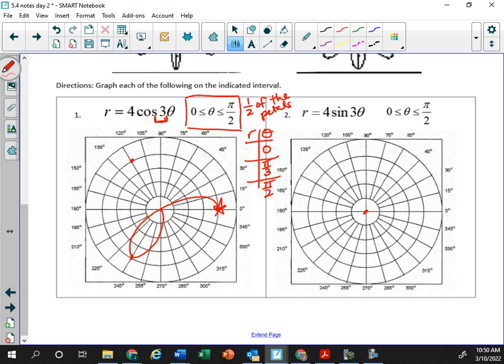Cosine of 0 is 1, that'd give you 4. That's this first point. Pi over 3 times 3 is pi. Cosine of that is -1 times 4. That gives you -4, which is that point down there. And then pi over 2 would make it 3 pi over 2, which would be 0, back at the pole.